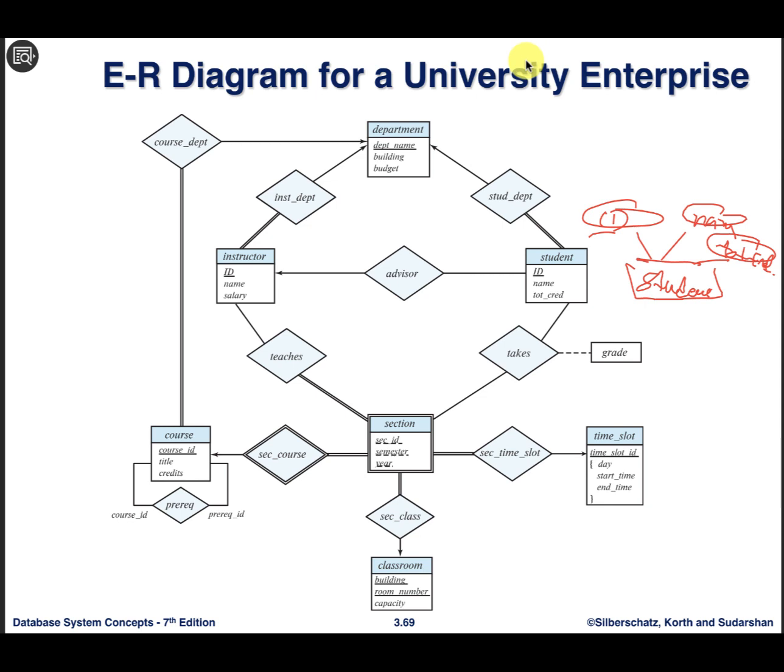Okay? Here, I just want to add, if you want to specify, let's say, take a look at the time slot. So what do we have here? We have a time slot ID as the primary key. And here we need to specify composite attributes.